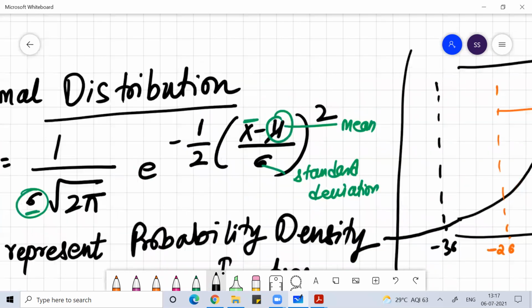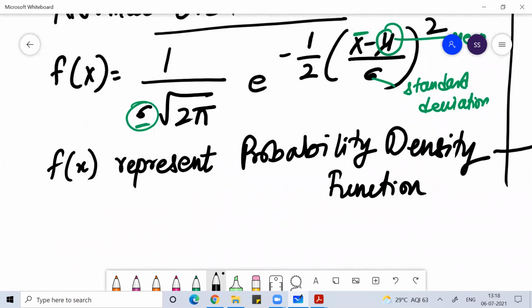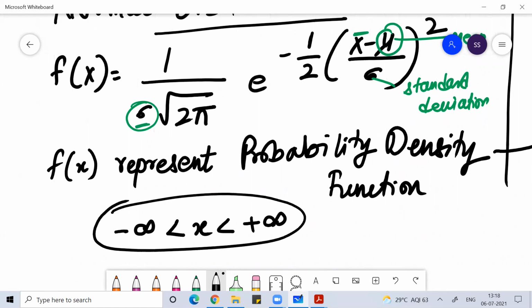When we talk about this frequency distribution curve, you have to understand that the value of x lies between minus infinity and plus infinity.